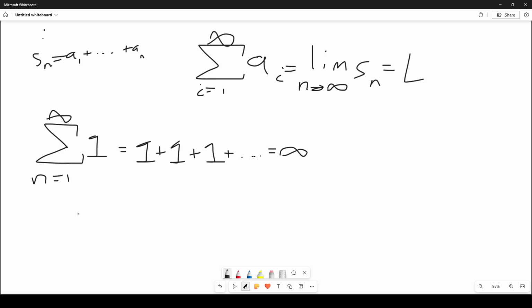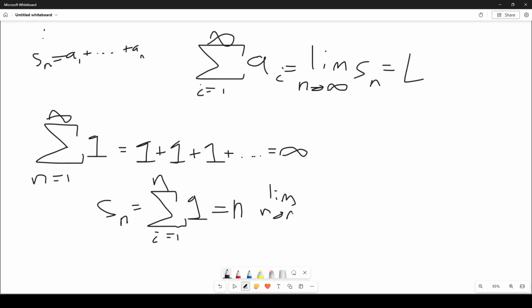So let's consider the partial sum, S sub n, which is going to be equal to the sum from i equals 1 to n of 1. But this is just going to be 1 added n times, which is just n, right? So if we take the limit as n approaches infinity of S sub n, or just n, well, we know this is divergent, right? Pretty clearly.